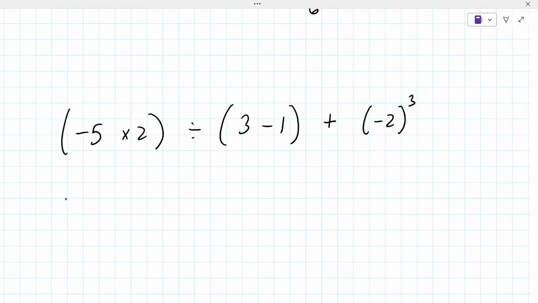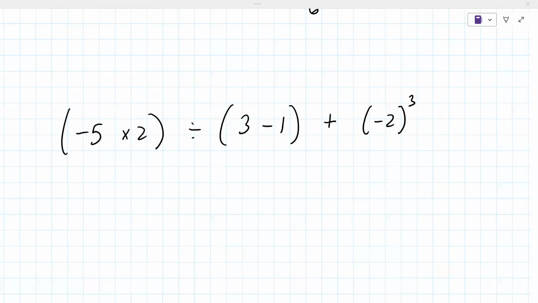Okay, so -5 times 2 is -10. Divided by 2, plus 8.